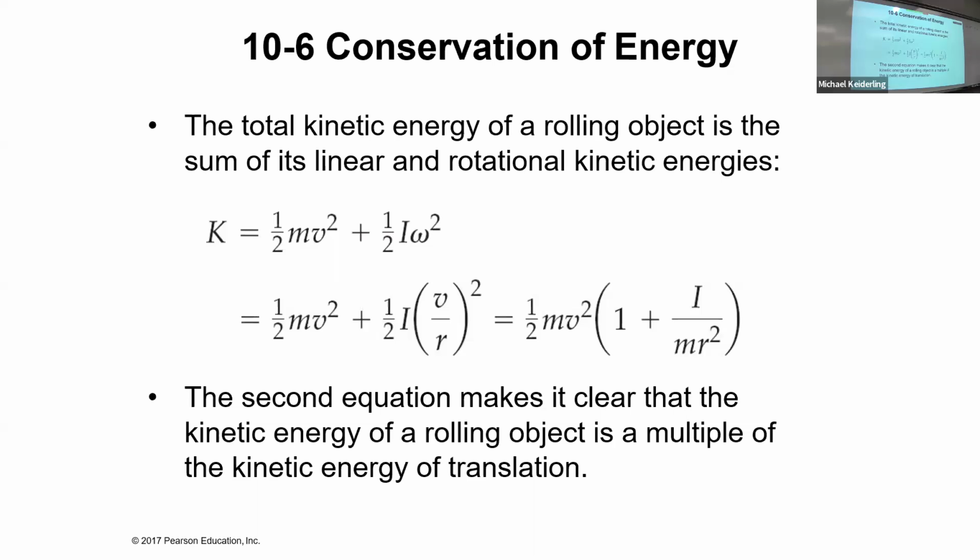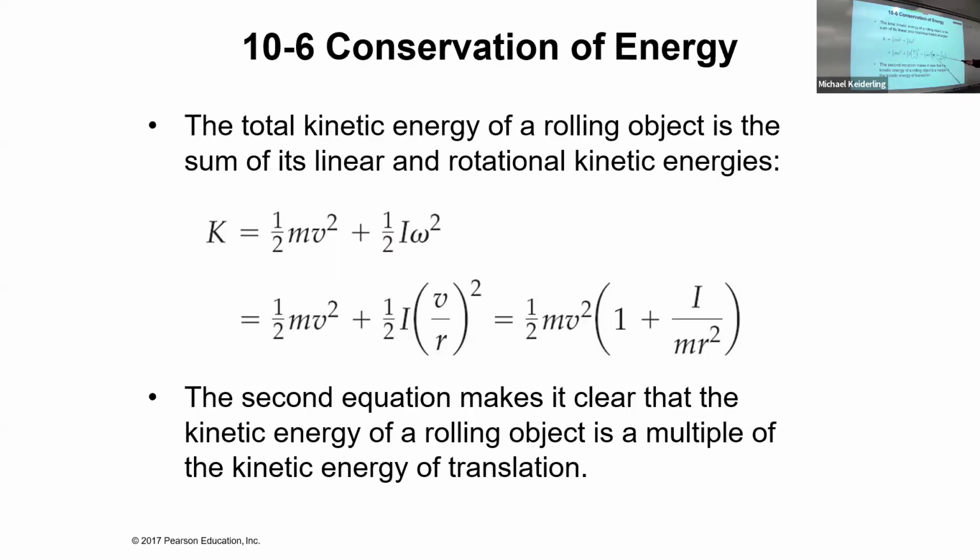For something that's rolling without slipping, we can plug that into this equation, and we get the total kinetic energy is 1/2 mass times velocity squared times 1 plus I over mr squared.